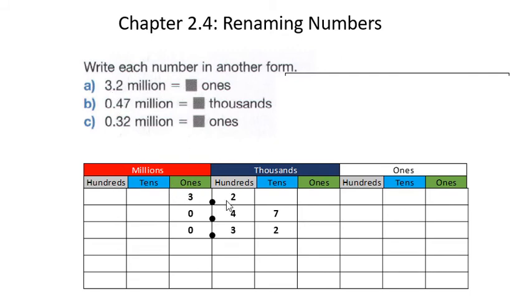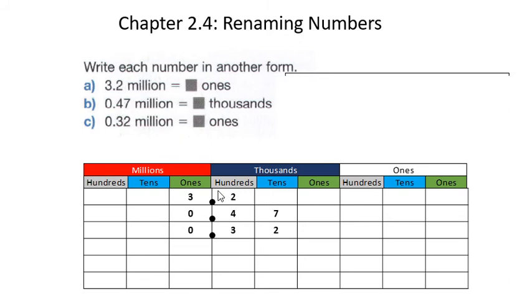And then 0.2 millions. Here's the decimal, my oversized novelty decimal. It's right there, 0.2. So this is 3.2 millions, just like a regular decimal. But instead of saying 3.2 ones, we have 3 millions and then 0.2 of a million. All of the rest of these would be a placeholder for zeros.